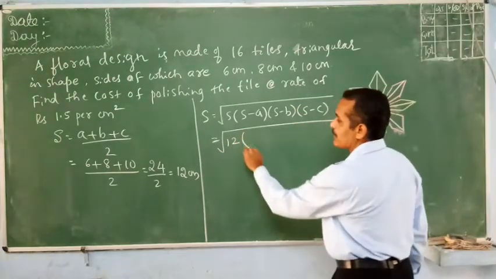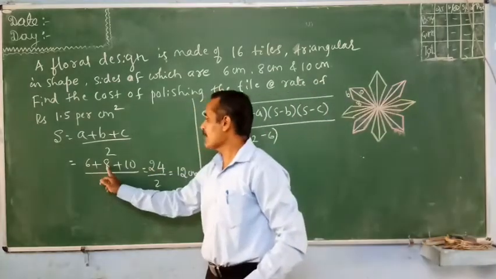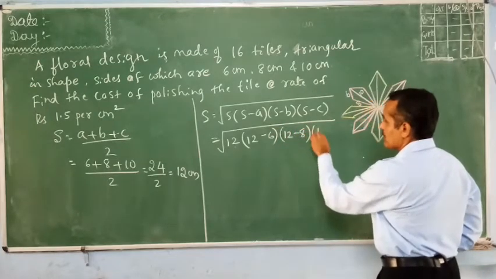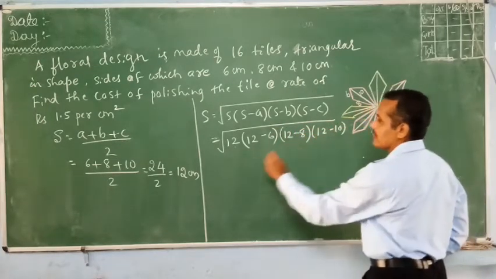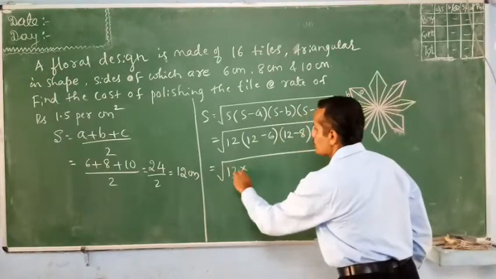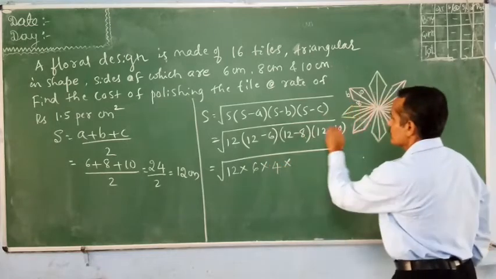Under root 12 into 12 minus 6, 12 minus 8, 12 minus 10, which is equal to under root 12 into 6 into 4 into 2.